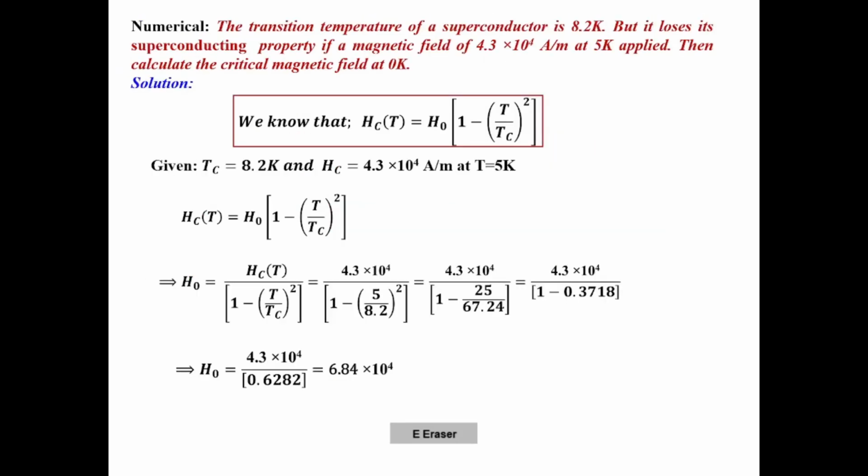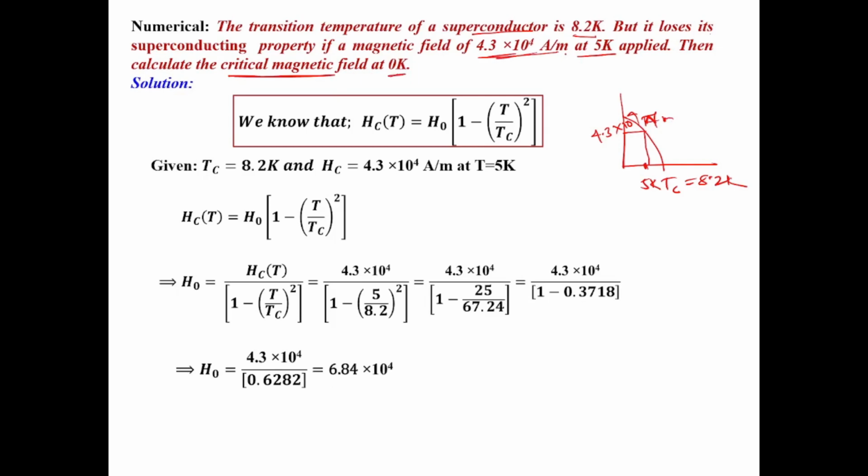Okay, here is the first question. The transition temperature of a superconductor is 8.2 Kelvin. This is the transition temperature, Tc equal to 8.2 Kelvin. It loses its superconducting property if the magnetic field is 4.3 into 10 to the power 4 ampere per meter at 5 Kelvin.